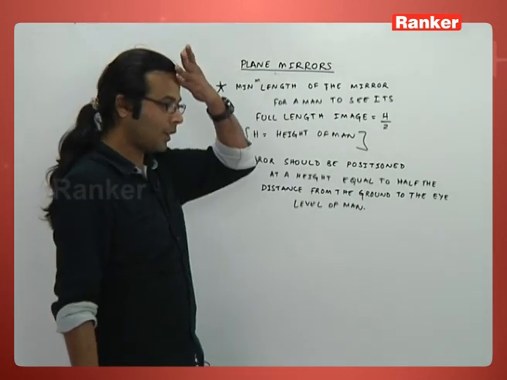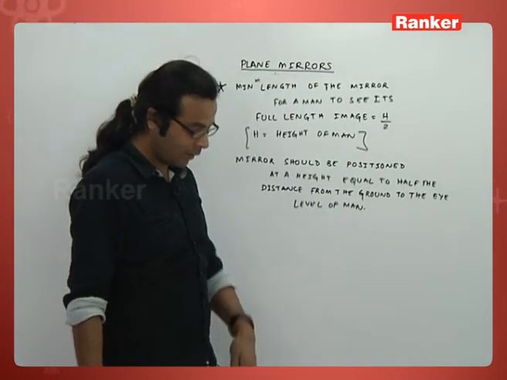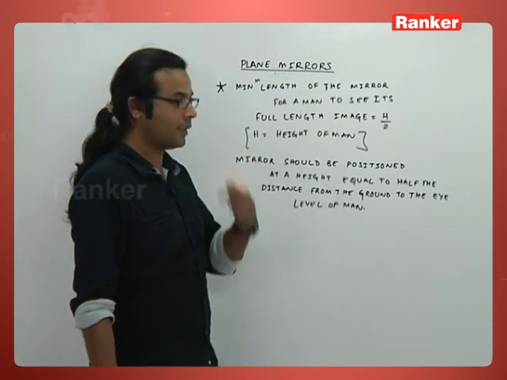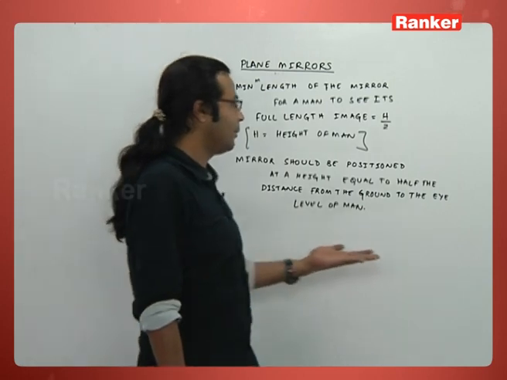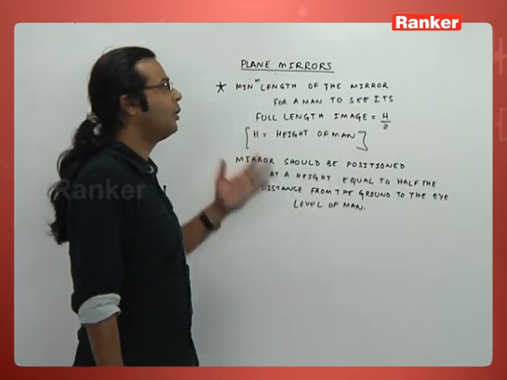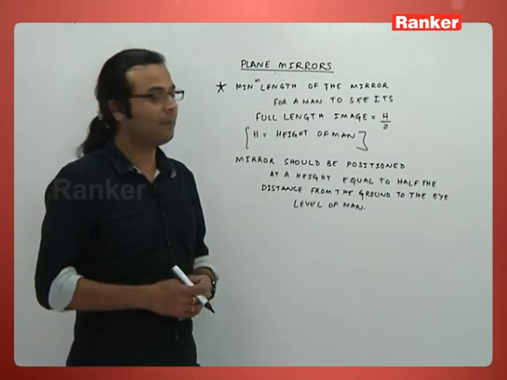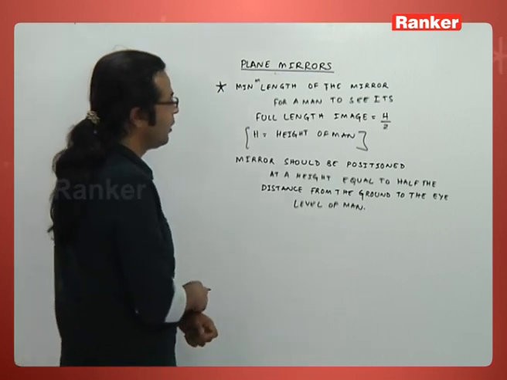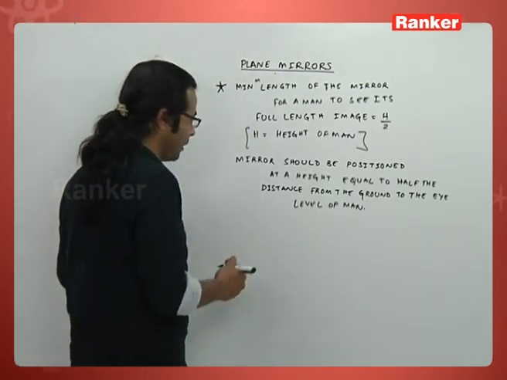That means this height from here to here, whatever the height will be, half of that distance should be the mirror positioned from the ground, such that the whole image of the man can be visible in the mirror. That's the one way where we need to have this kind of thing.